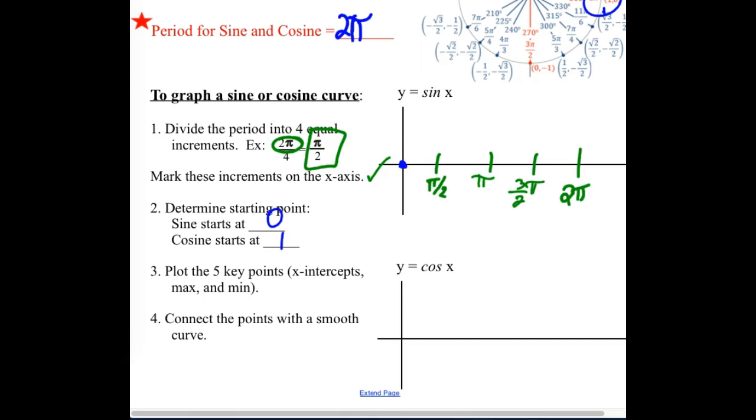Okay. Now I'm not going to keep scrolling the board up here, but you've got your unit circle on your paper. What is the sine? We're graphing sine first. What is the sine or the y coordinate at pi over 2? Up at 90 degrees. What's my y coordinate? 1. So at pi over 2, I'm going to be up at 1.